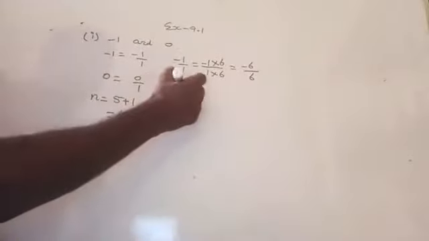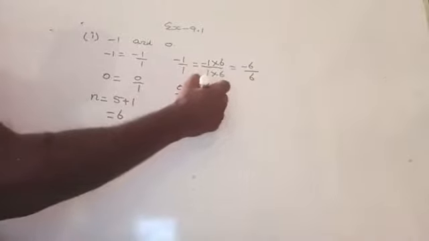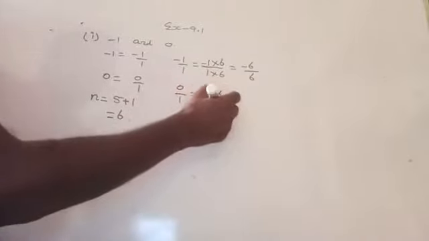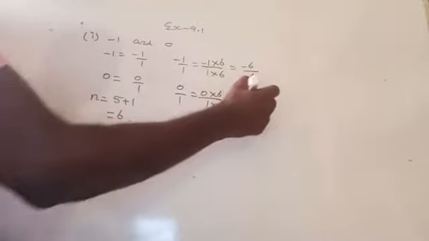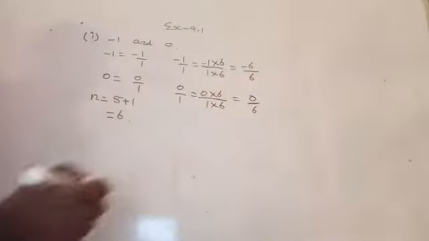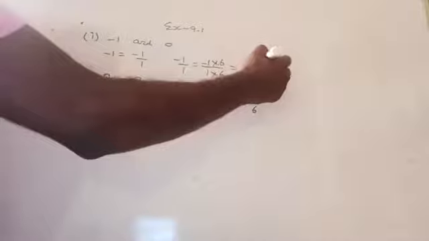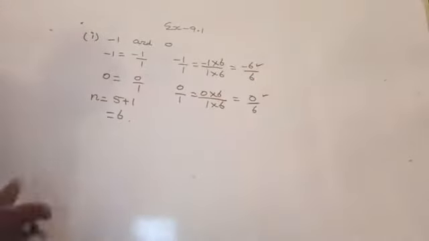Then 0 by 1, multiply by 6. 0 into 6 is what? 0. 1 into 6 is what? 6. Now we are getting 5 integers between minus 6 and 0.